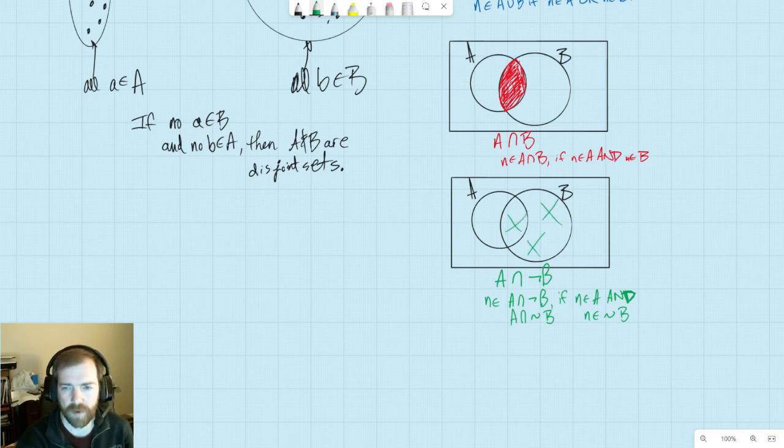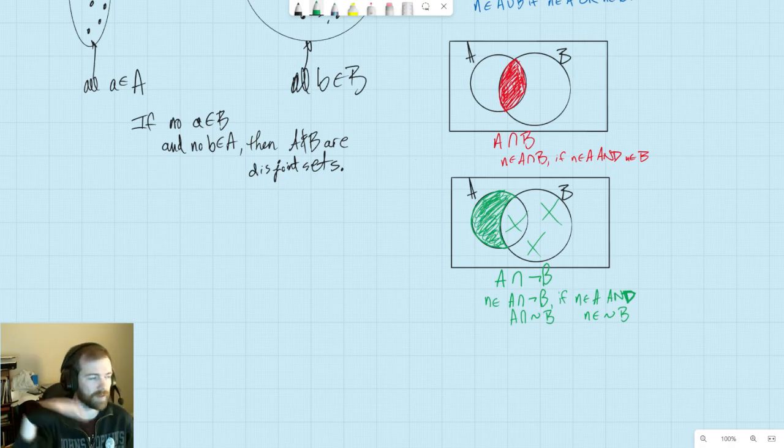Right, can't be within B, has to be within A. So we can see, okay, it's going to stop here. We can't go inside of circle or set B at all. So this stuff is out, which means that now we have to include only this stuff here. Since it must be within the set A, it has to be within that circle and outside of the other one.